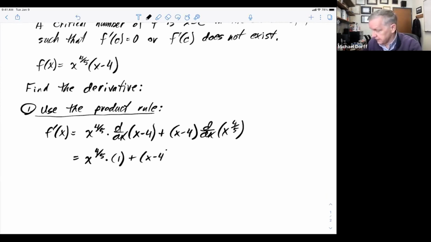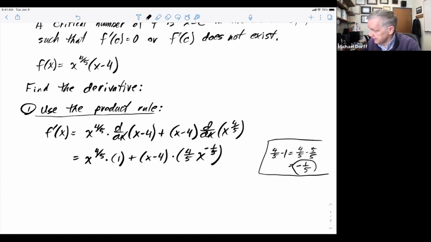And then I have the second term. Now the derivative of x to the 4/5 by the power rule is 4/5 x to the negative 1/5. Remember, I take 4/5 and subtract 1 from it. Off to the side here, 4/5 minus 1 equals 4/5 minus 5/5, which equals negative 1/5. That's how we get this exponent right there.